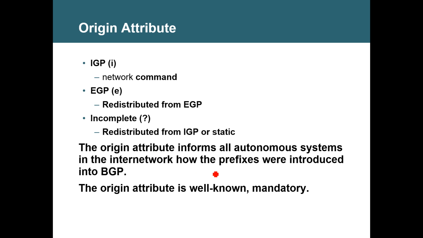And now, origin is advertised to all autonomous systems in the internet. As I said in the previous class, someone in Perth advertises a network, and someone in Chicago knows that it is being advertised, not redistributed. How? Its origin is advertised to every autonomous system in the path. Origin is well known and mandatory.